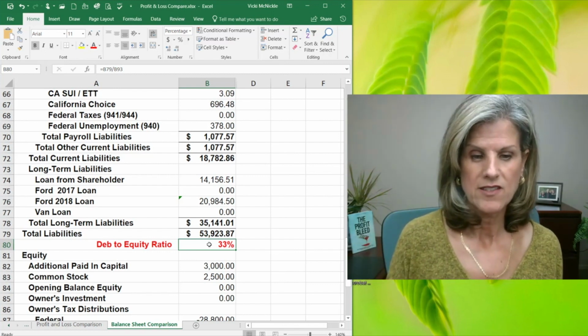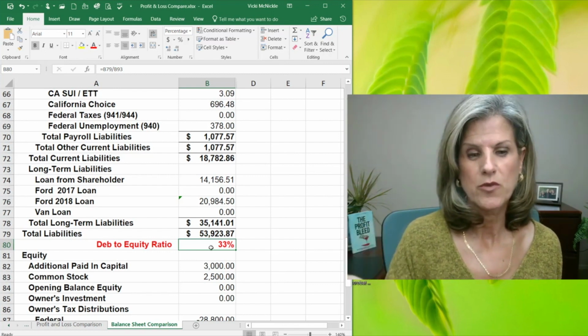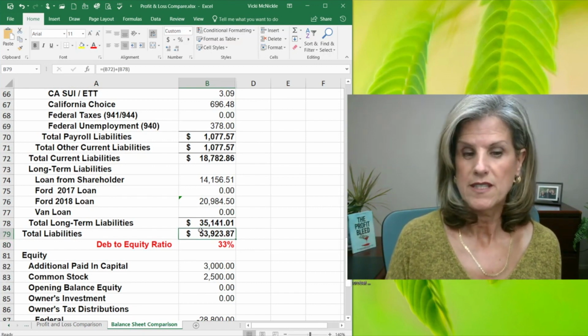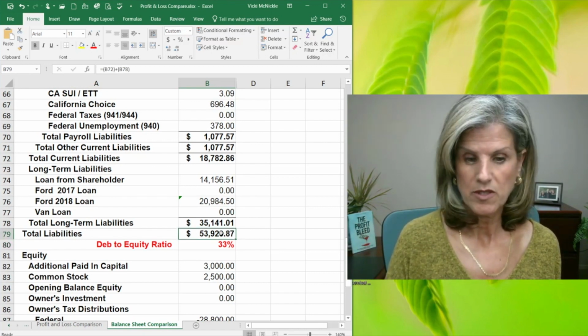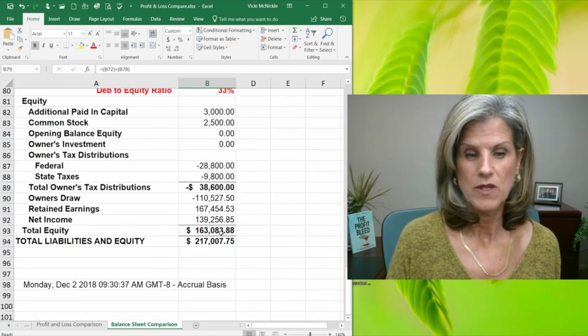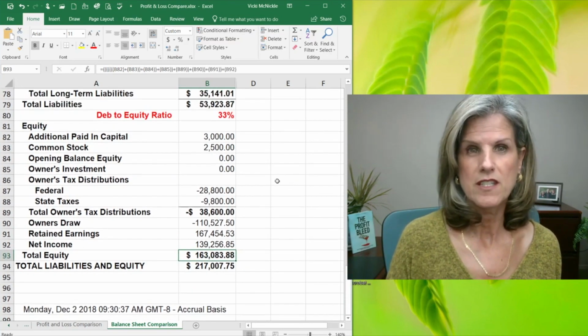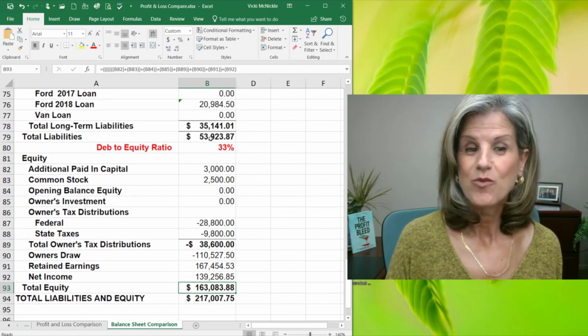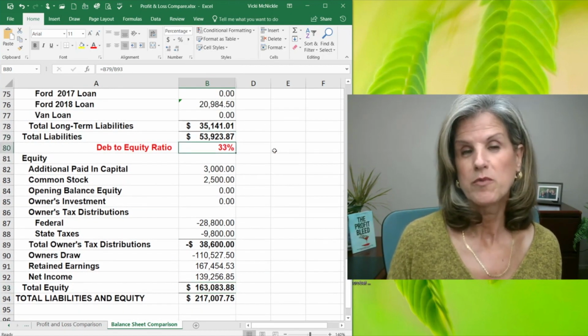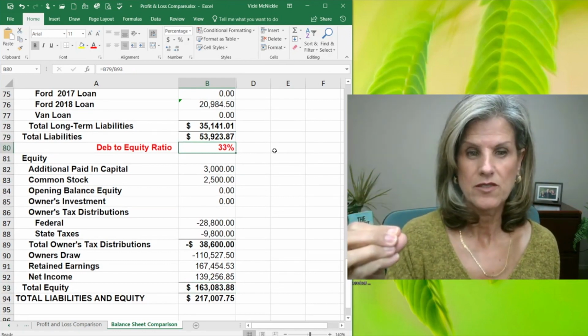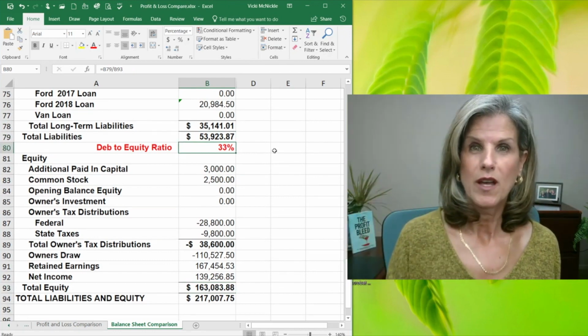And in this case, this company has 0.331 liabilities to equity. So total liabilities here is $53,928, and total equity is $163,000. So roughly you have about 0.33 liabilities to equity.